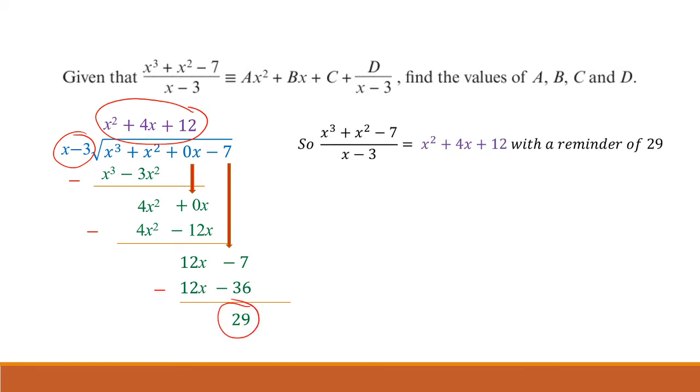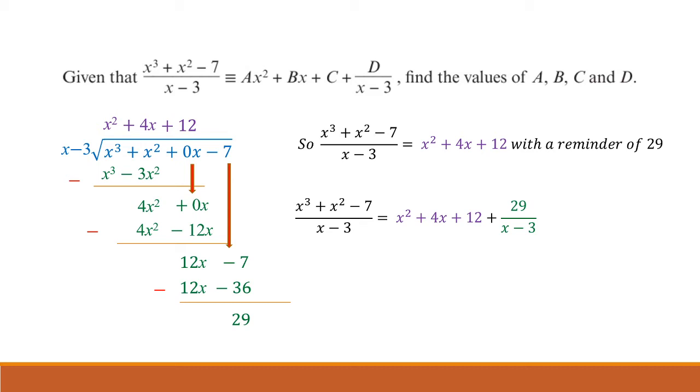So, we can say x cubed plus x squared minus 7 divided by x minus 3 is equal to x squared plus 4x plus 12 with a remainder of 29. So this can be written as a mixed fraction, x squared plus 4x plus 12 plus 29 over x minus 3.